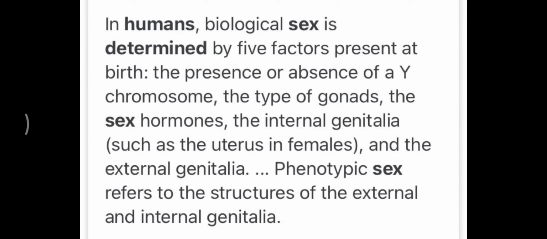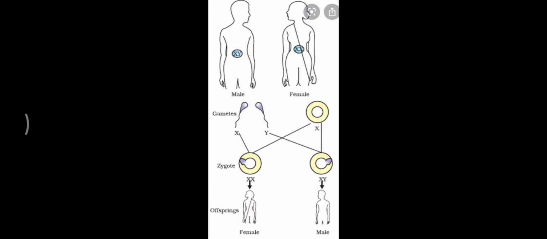So, these 22 pairs of autosomes design the basic body. The 23rd pair of chromosomes is called the sex chromosome, and it is different in male and female. In male, the sex chromosome is XY, and in female it is XX, right? So, males are heterogametic.